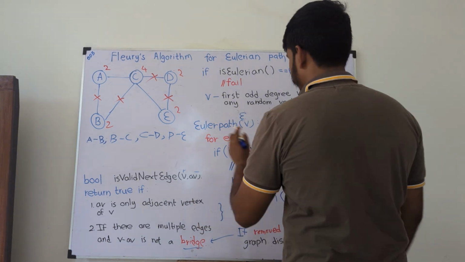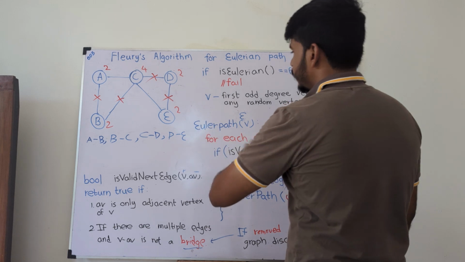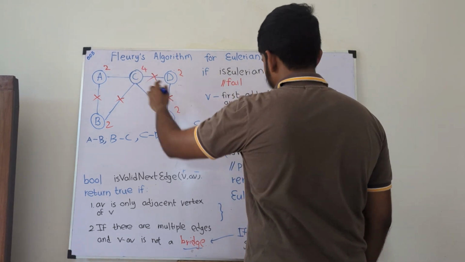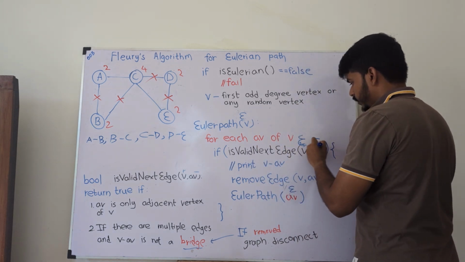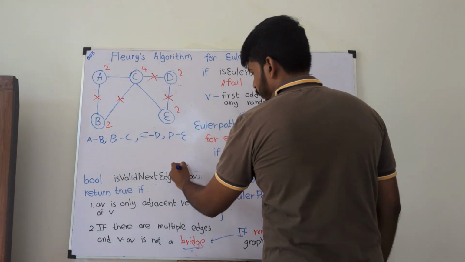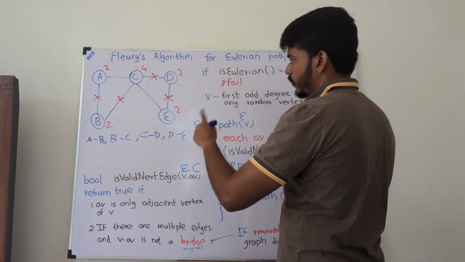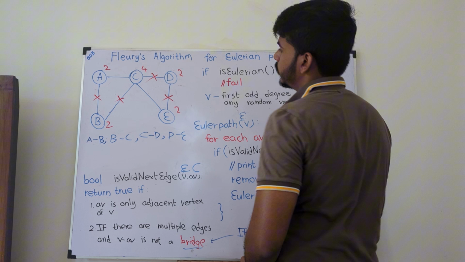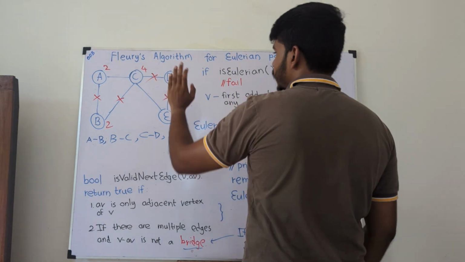Then after that, we are going to go for each adjacent vertex of E. Here there is adjacent vertex C. Adjacent vertex is C for E. Checking whether C is the only adjacent vertex of E. Here you can see these edges are removed.